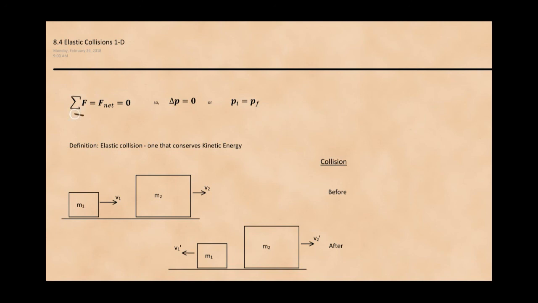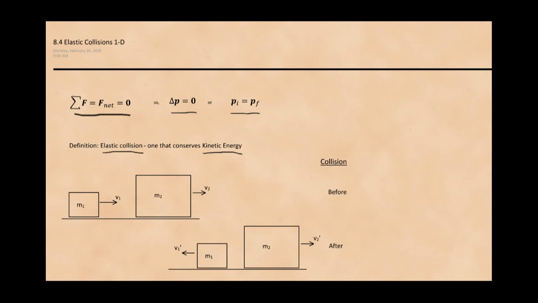We have the situation where the sum of the forces equals 0, and therefore the change in momentum will be 0, which means initial momentum equals final momentum. We're going to define elastic collision as a collision in which kinetic energy is conserved, meaning that there's no loss of kinetic energy.